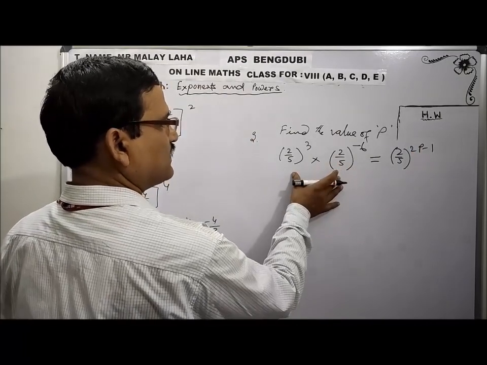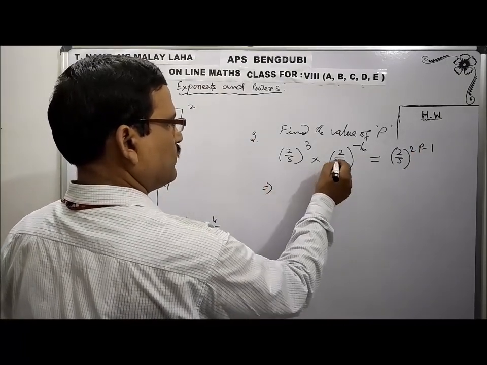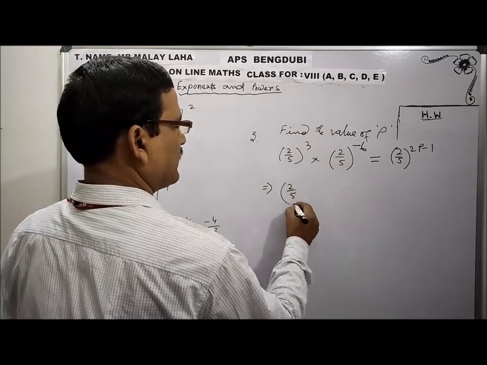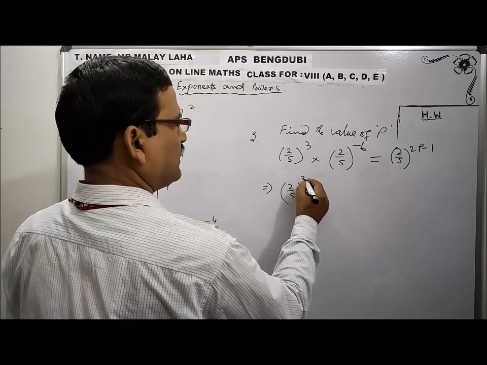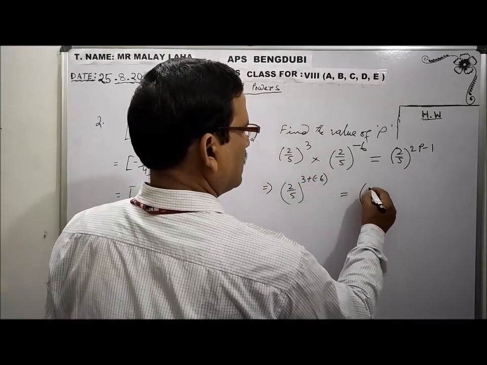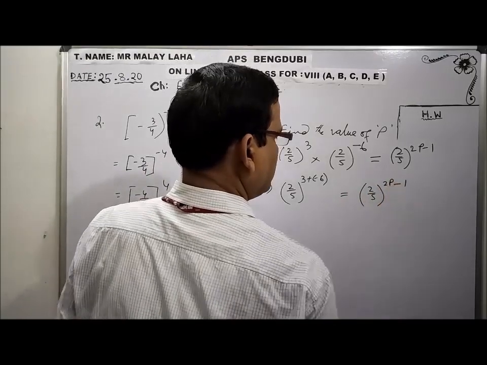So first of all, you will see the left hand side. What is this part? Here (2/5), (2/5). So I can write it in product form as (2/5) raised to 3 plus minus 6, that equals (2/5) raised to 2p minus 1.